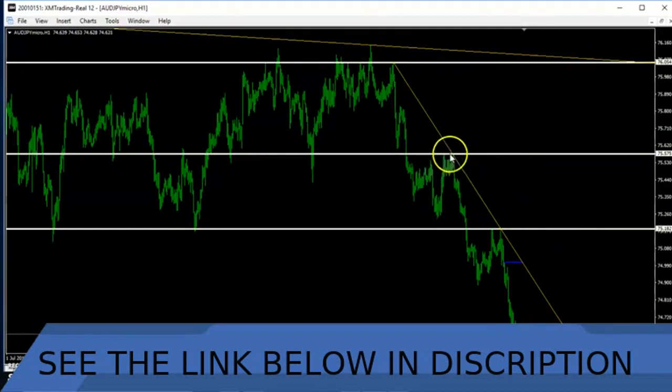Okay, then it will do another 100 pips drop between this line and this line. It's almost 100 pips, but look at the moves, a 100 pips drop. Okay, then this was the previous low of that time, which became the top now.